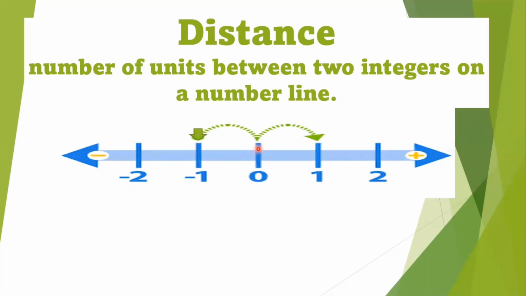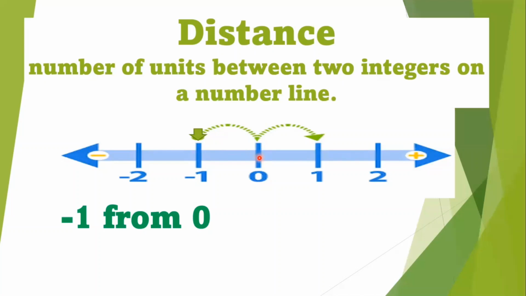Ayun, ang ating arrow ay nakaturo sa negative 1. Sabi daw, let us find out the distance of negative 1 from 0. Gaano kalayo o ano ay yung distansya ng negative 1 from 0? So, ang ating starting point, sabi ko kanina, is the 0. What is the distance of 0 or negative 1 from 0?